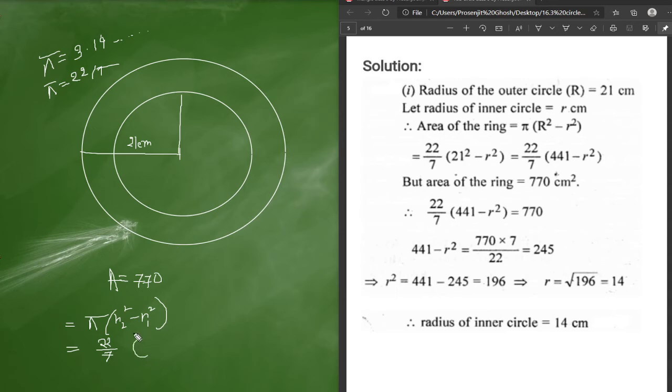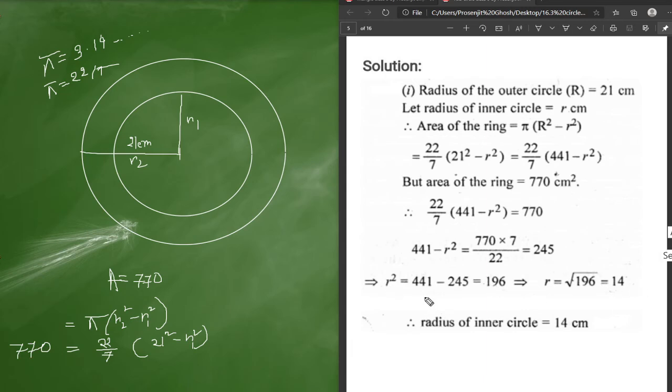Now the outer radius, that is R2, is 21, and we have to find the inner one. So 21 whole square minus R1 square, and the area is 770. By solving it, as you can see, I will get the radius, that is 14.